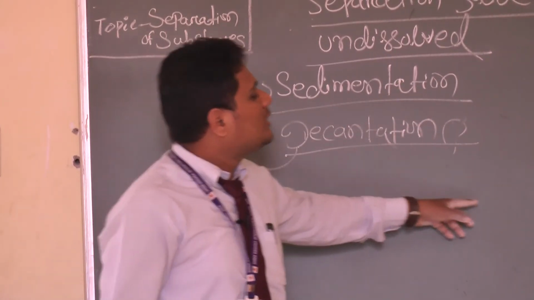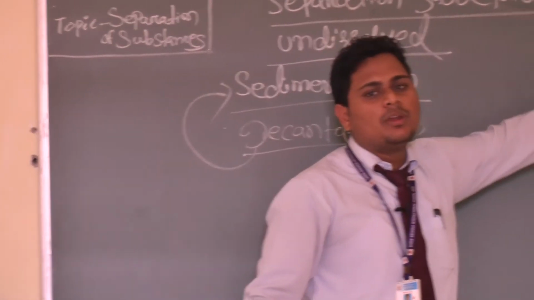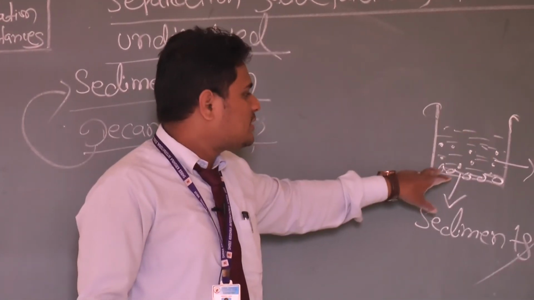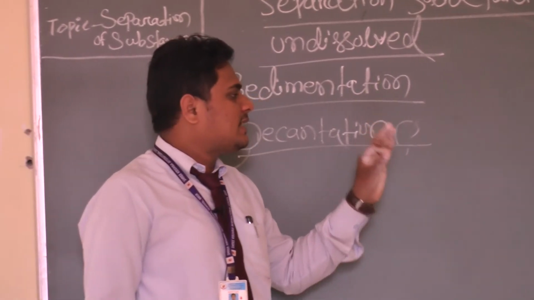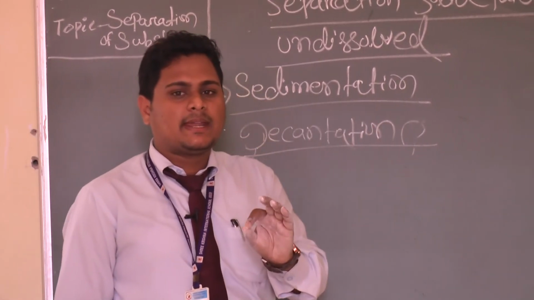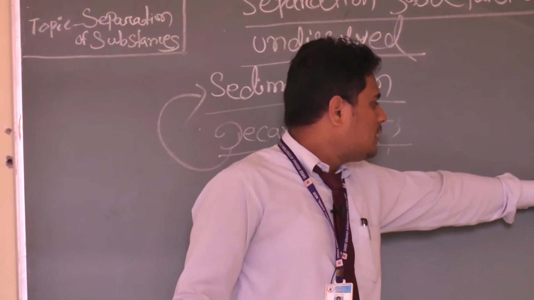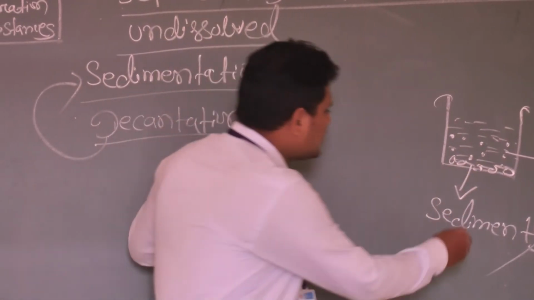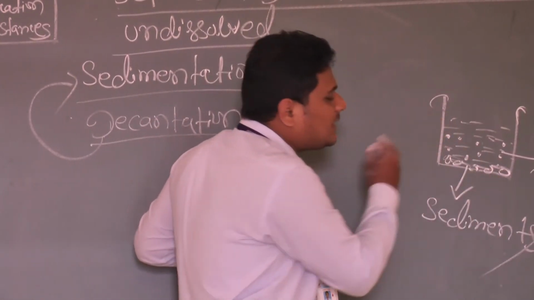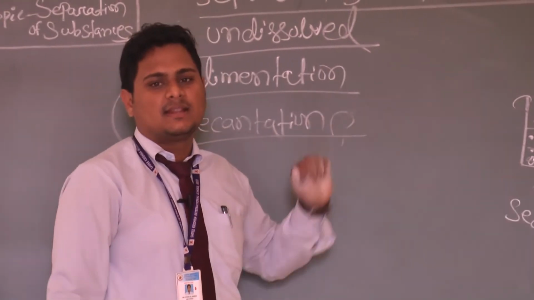Otherwise, if the solid particles are moved here and there in the container, then that process cannot be possible. So sedimentation means the settling down of heavier particles at the bottom of the container, and these solid particles which settle down are known as sediments.